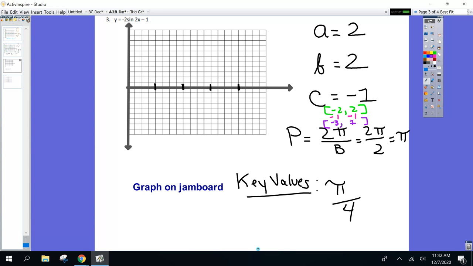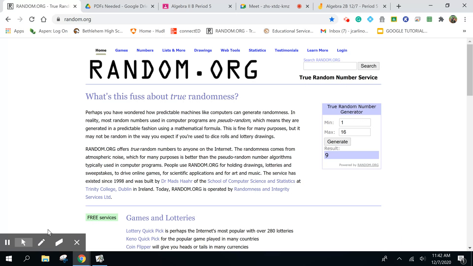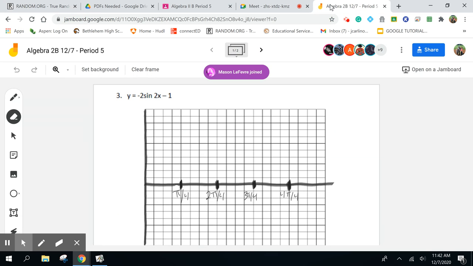You should also have the midline. So minimum, max, and midline should all go on your y-axis right now, because your midline is not 0 anymore. I'll do that for you here.